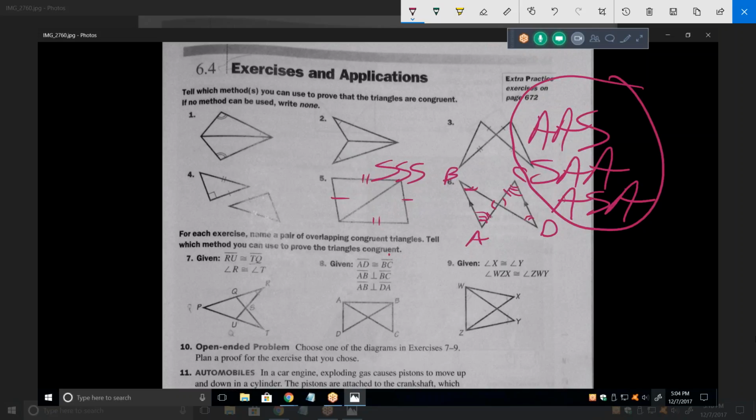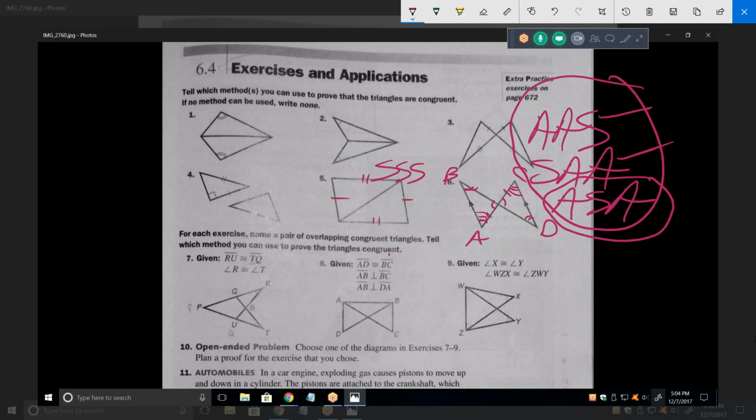You know what? That doesn't prove congruency. I apologize. This one does. These two don't. I can actually give you a triangle that's got all three angles equal. Two sides are the same, but they're not the corresponding sides.